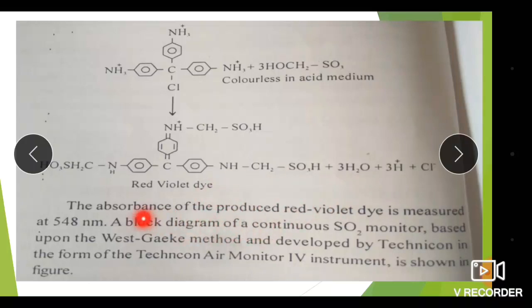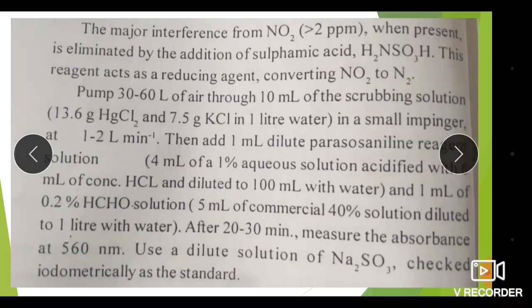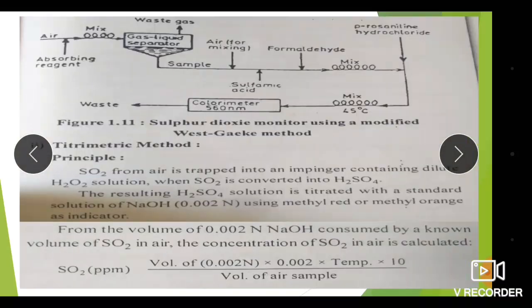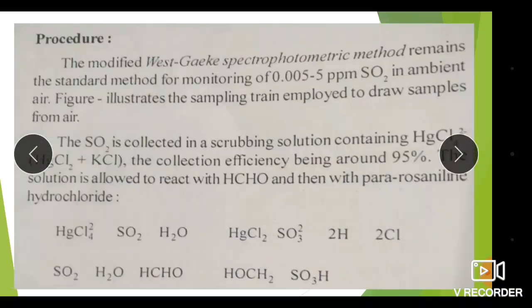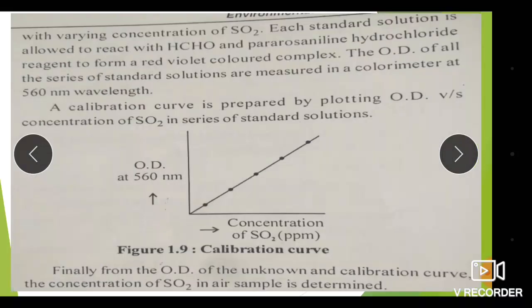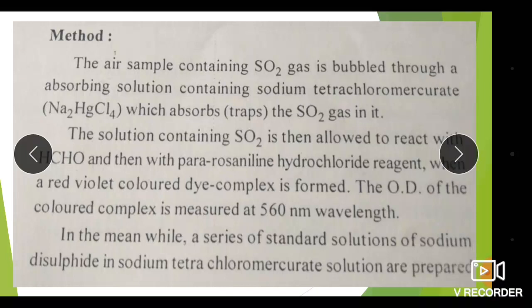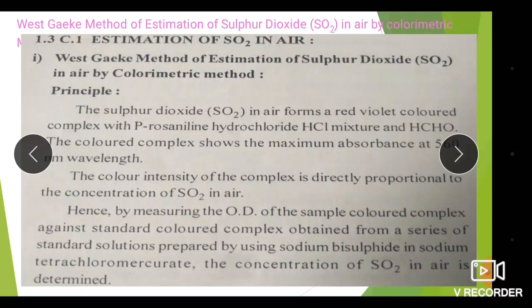This red-violet dye has an absorbance, and lambda max is measured at about 560 nanometer.